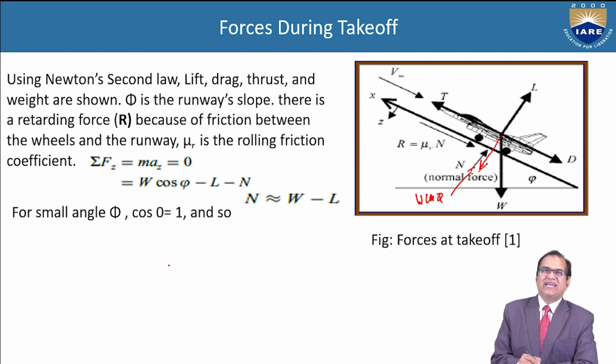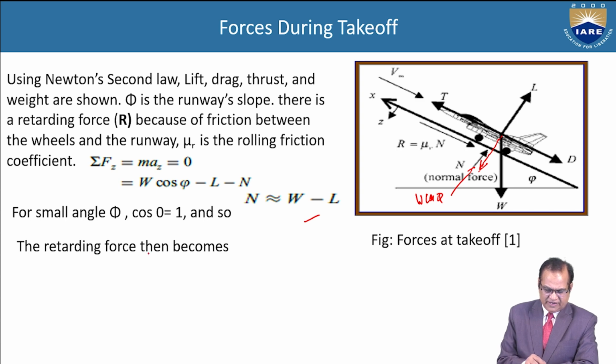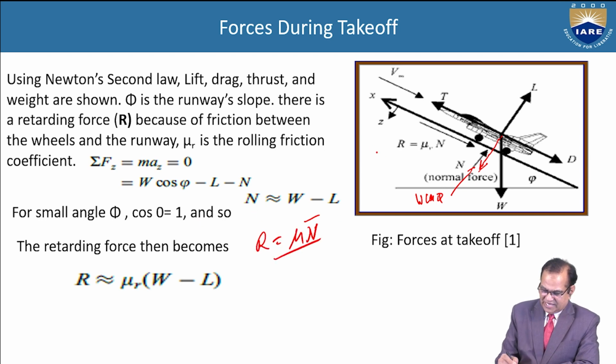So here we can write that if phi is very small, this reaction force N is equal to W minus L. For a small angle phi, cos phi is equal to 1, and so the retarding force R becomes R is equal to mu N, as shown here.